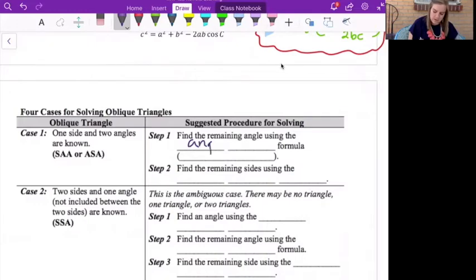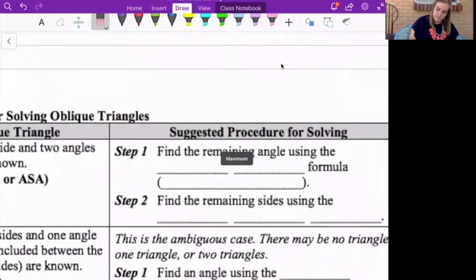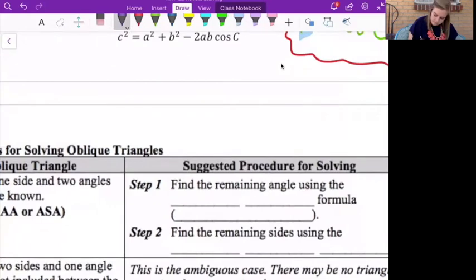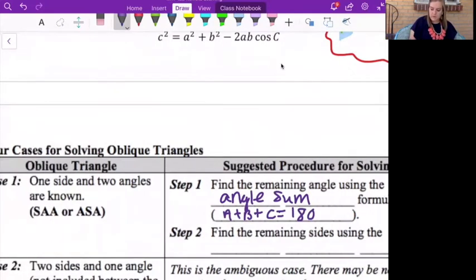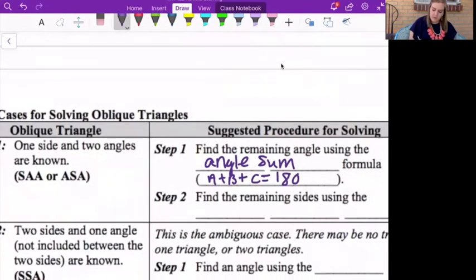Basically this is just using the fact that angle A plus angle B plus angle C equals 180. And so then we would have all three of our angles, and then to find the remaining side, we would do law of sines.